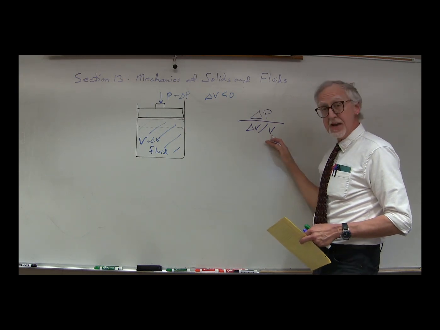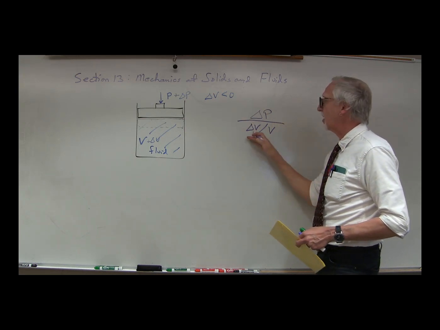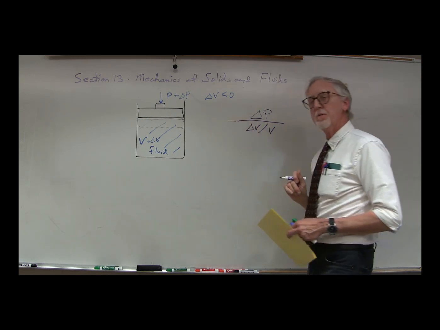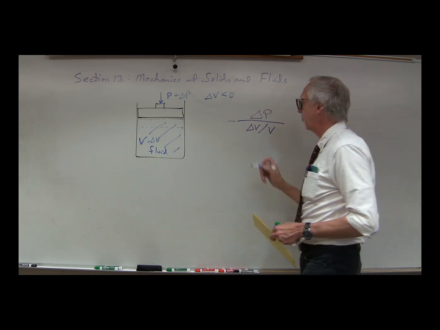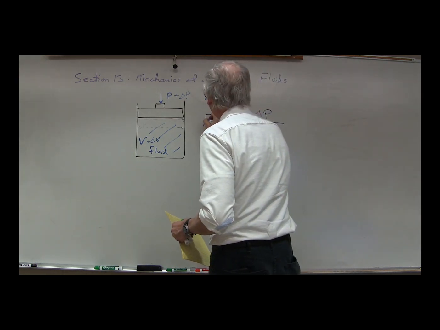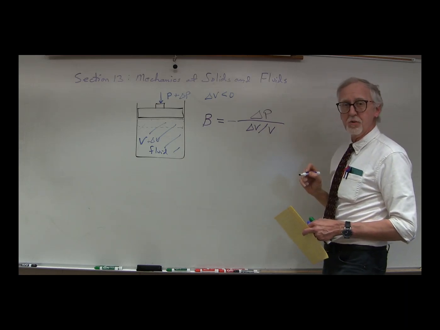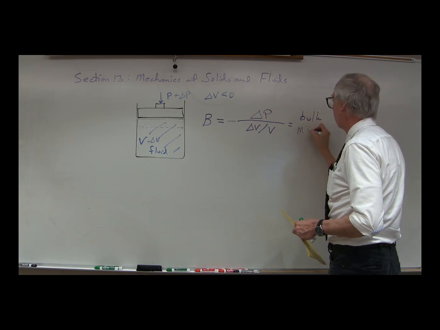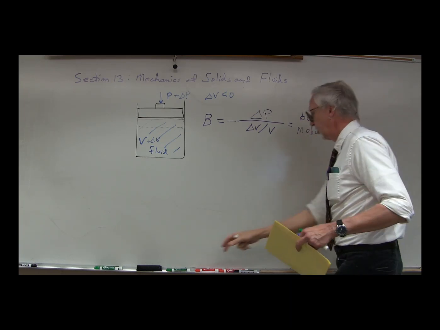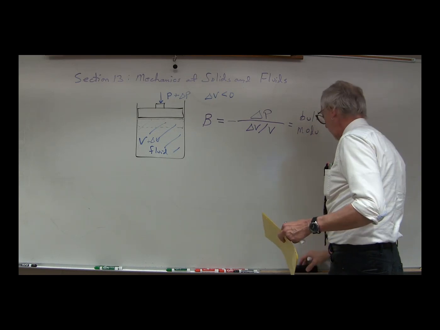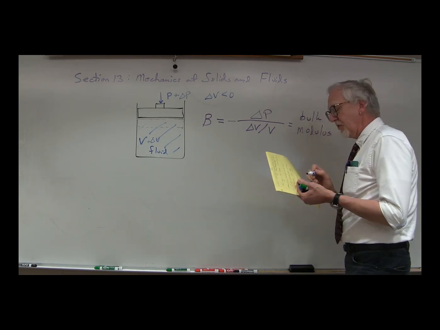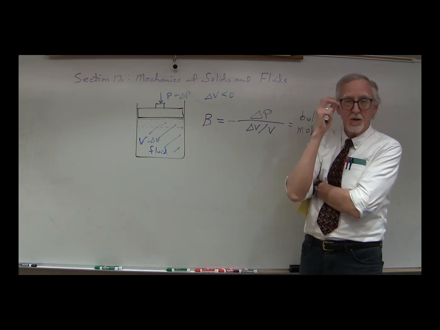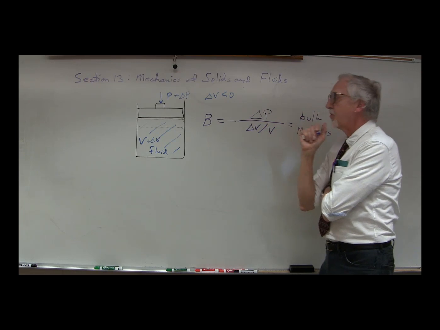Now we know this is going to be a negative quantity, because we expect delta V to be negative, so I'm going to put a negative sign out here just to make that a positive quantity. We will define this as a value that we will refer to as B, where B is called the bulk modulus. So we've talked about these other moduli, the shear modulus, the tensile modulus, etc., Young's modulus for the solids.